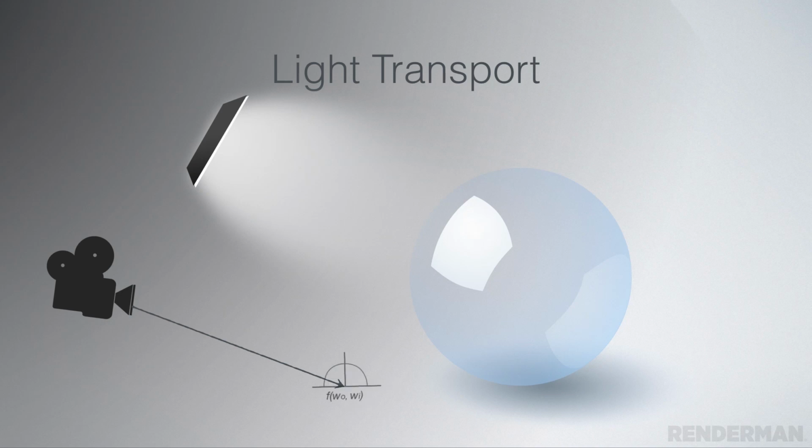We then run patterns based on these quantities to evaluate the surface properties of the object, such things like is it shiny or matte, does it have scratches or stains. And with this, we parameterize a closure referred to as a bidirectional scattering distribution function, or BSDF for short.